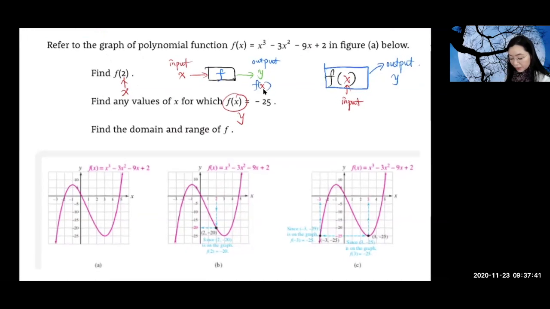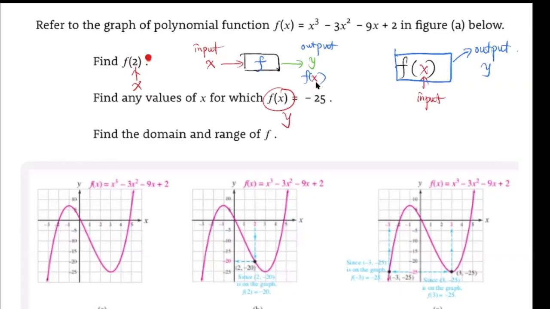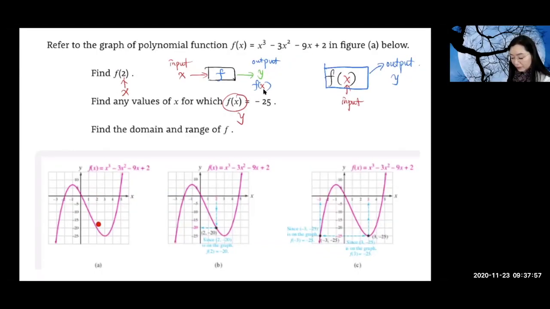So if we look at the graph on this x-axis, we locate 2, okay? And then we're trying to find f of 2. So we're trying to find the corresponding y value. So from 2 over here, we go up and down until we hit the graph. It looks like we hit the graph at this point, right?